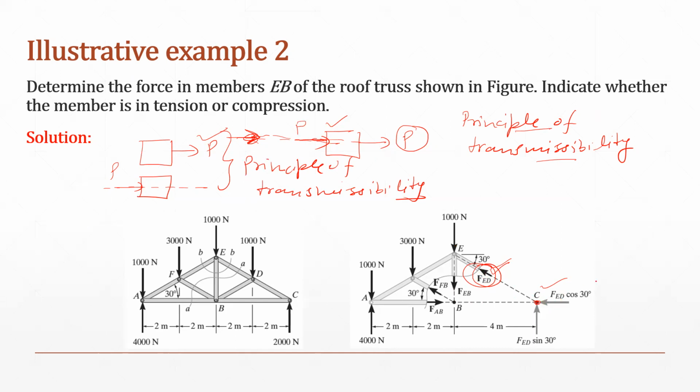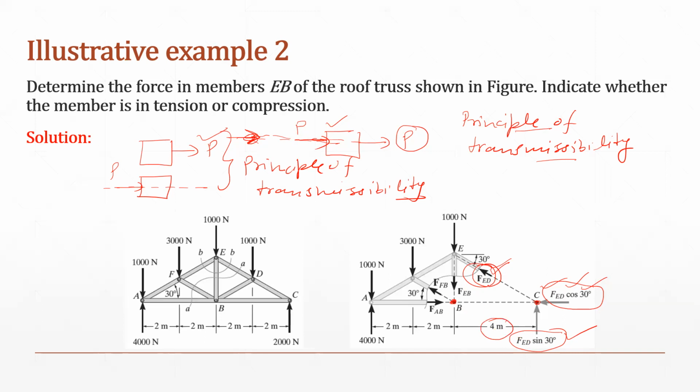Here I have directly provided the horizontal and vertical components of force FED, which are acting at point C. Now with this, I am able to apply moment at B. The horizontal component of FED passes along point B, so the moment due to the horizontal component will be 0, but the moment due to the vertical component of FED will have some magnitude, which is FED sine theta multiplied by 4. That is the perpendicular distance from point B.